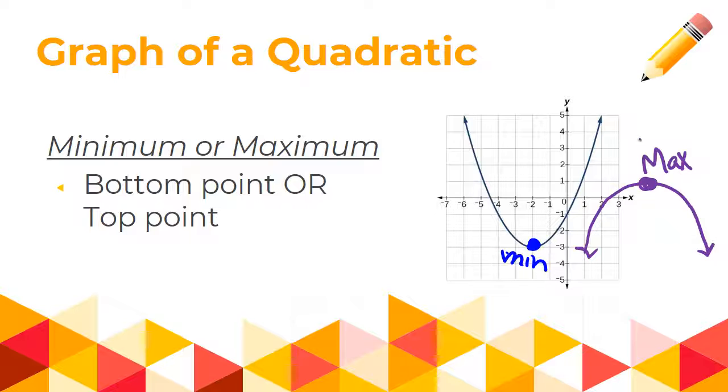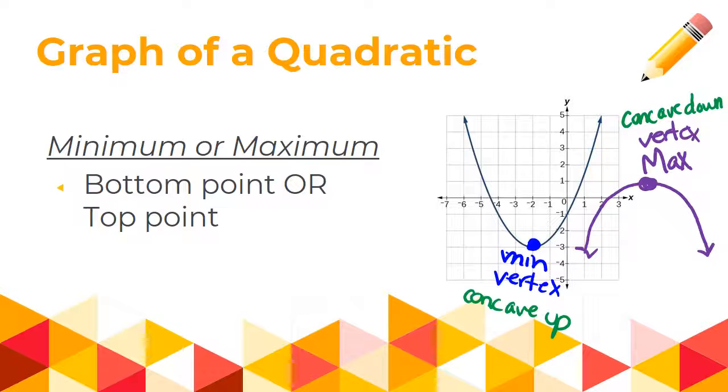So notice your maximum is also your vertex, and your minimum is also your vertex. You'll also notice the association. This is concave up, and this is concave down. Concave down always has a maximum. Concave up always has a minimum.